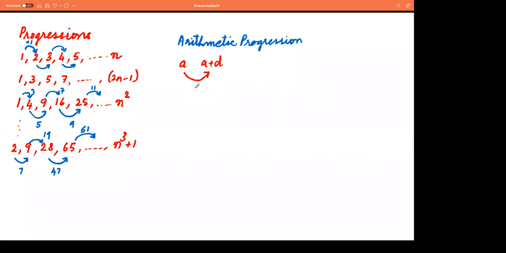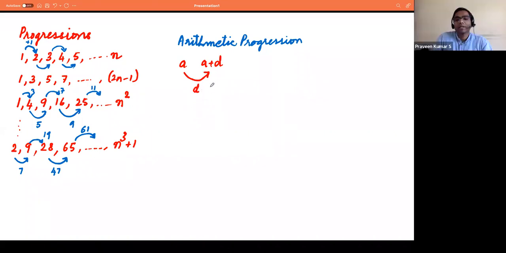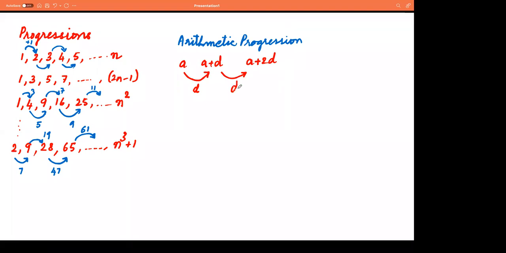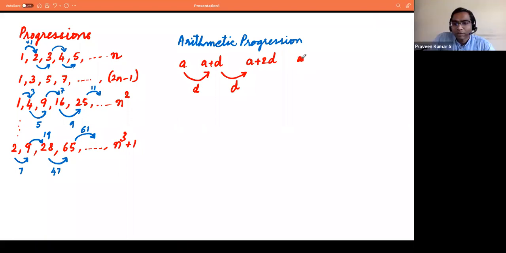D. It has increased by D. The third number would be A plus 2D. So by how much is it changing? Again D, right? The fourth number would be A plus 3D. By how much is it changing again?